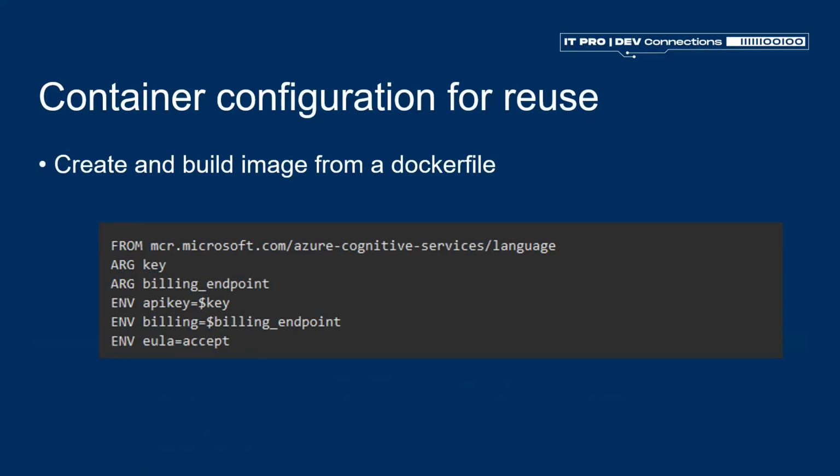Of course, what if you have multiple containers and you don't want to pass the arguments every time you run the container? You can definitely configure your container for use. What you would do is create a Docker file and build the image from this. So you would still get the image from the Docker Hub and the Azure Container Service, and then you would declare the arguments for the API key, the billing, and the EULA acceptance.